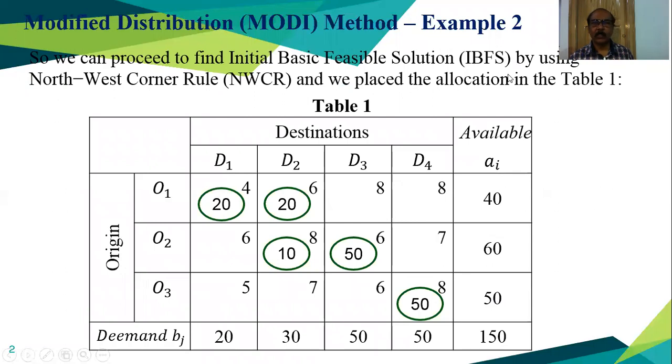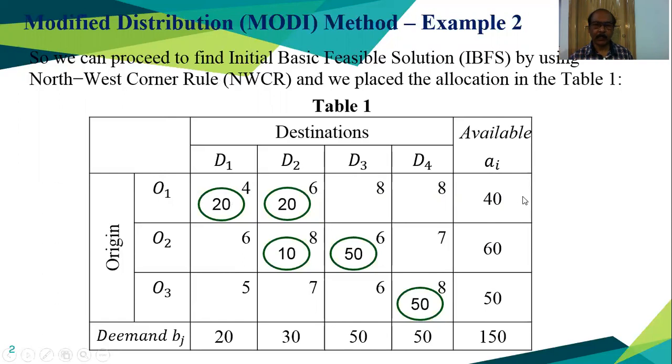Now by using the northwest corner rule, we can easily find the initial basic feasible solution. Since 20 is the demand and 40 is the availability, we can allocate 20 here. As soon as we allocate the 20, the demand is exhausted and we are left with 20.